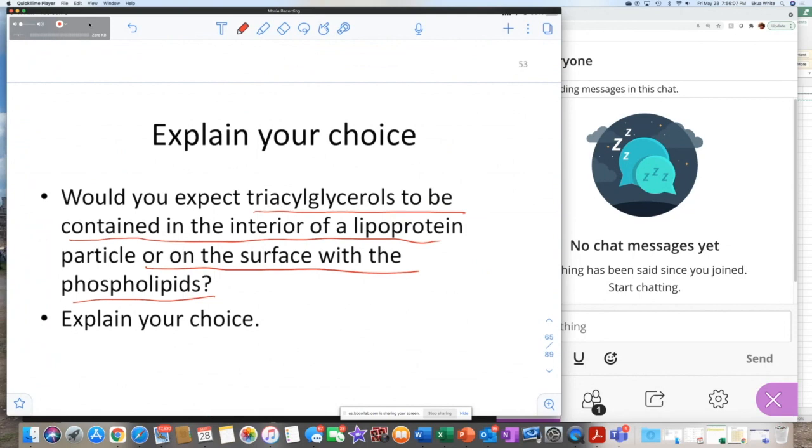This is kind of a trick question, right? The question here is just asking you, because remember, things that are in the interior of the phospholipid, we know we have a nonpolar environment, right?